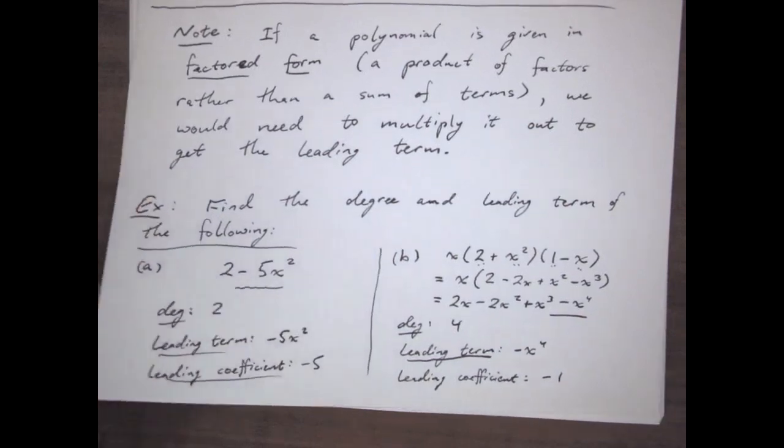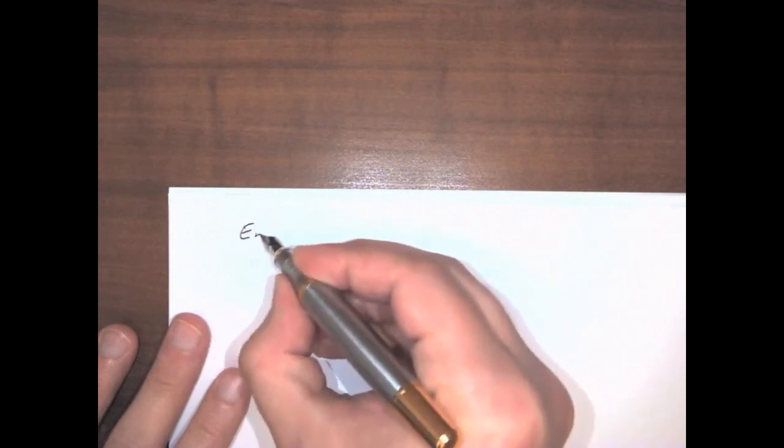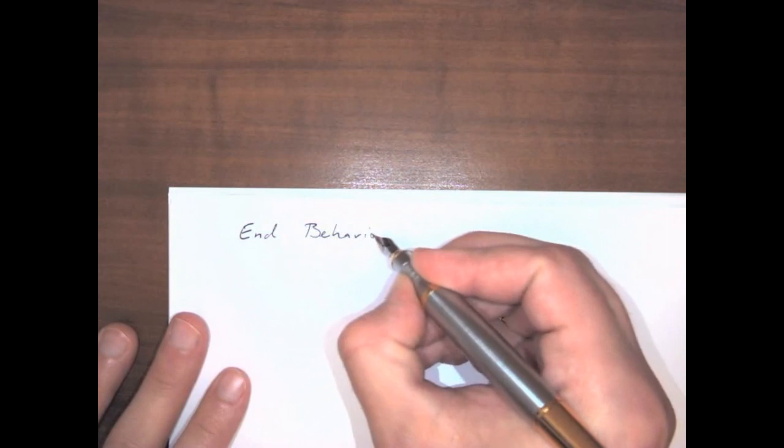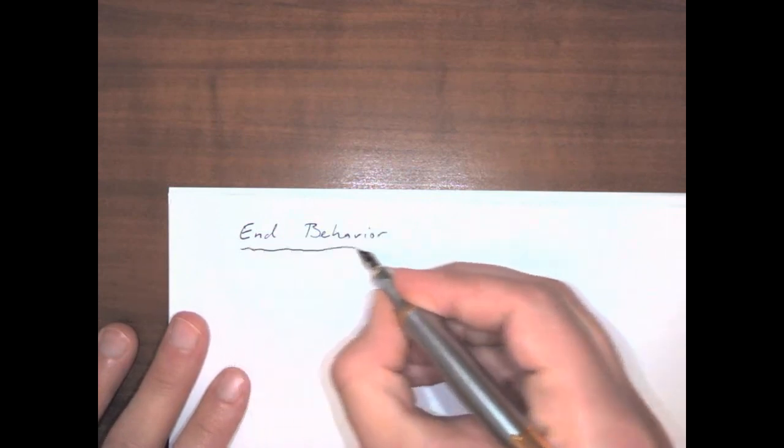Now, the reason why we are interested in the leading terms of polynomials is that they have a big effect in the long run. So, end behavior. This refers to what happens to a function as x gets larger, either in a positive or a negative sense.